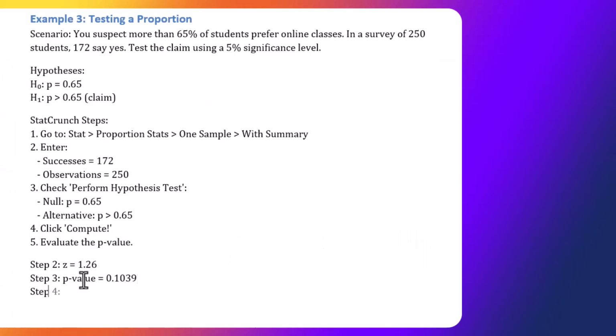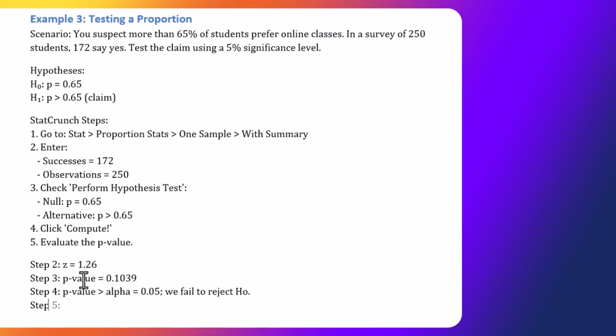Step 4, compare the p-value with alpha. You know 0.1039 is bigger than 0.05. So p-value is bigger than alpha, which is 0.05. So what's the decision, guys? We fail to reject H0.